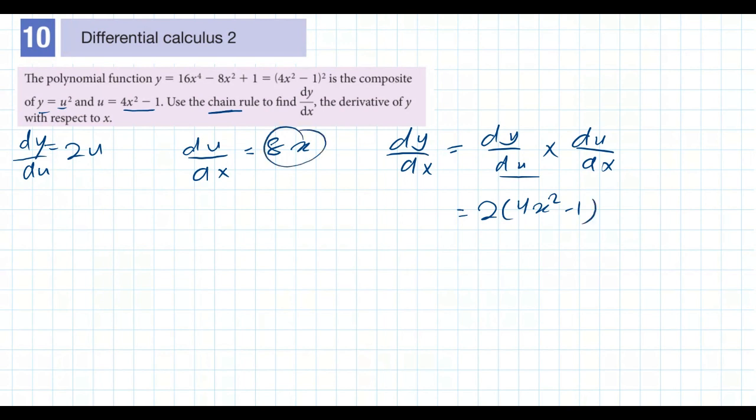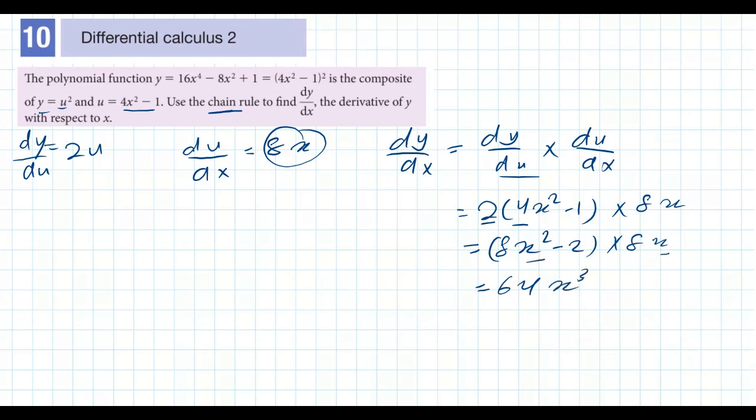And 2 by 4 becomes 8x squared minus 2. Then 8x squared minus 2 by 8x. Clear? Then 8 by 8 becomes 64. And x by x squared becomes x cubed. Negative 2 by 8x becomes negative 16x. Clear?